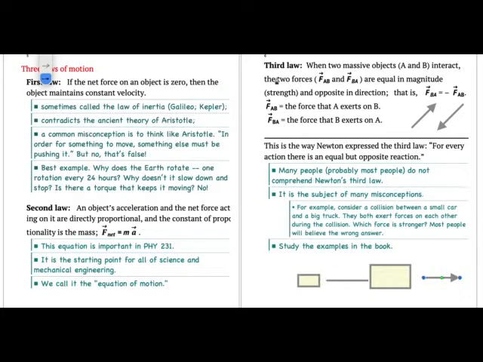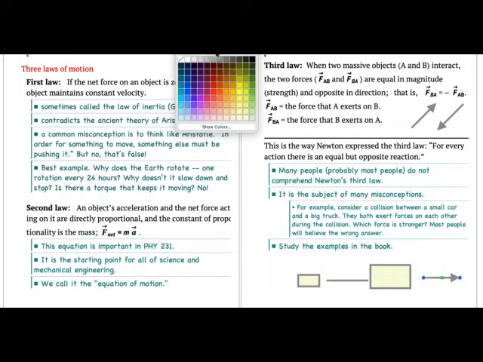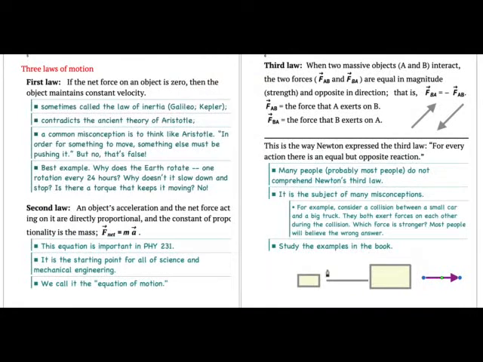The tow truck is pulling the car in this direction, so the car will accelerate in that direction because the acceleration is in the same direction as the force by Newton's second law. At the same time, the car is pulling the tow truck in this direction. Equal but opposite. The car is pulling on the truck just as hard as the truck is pulling on the car.